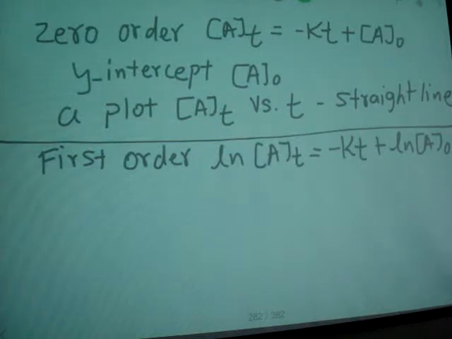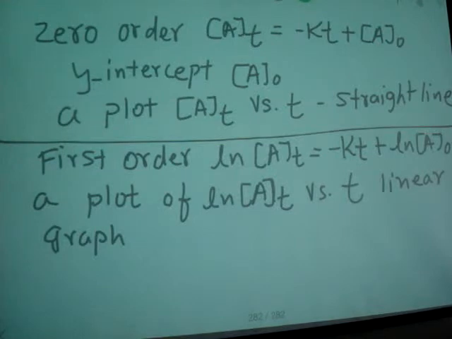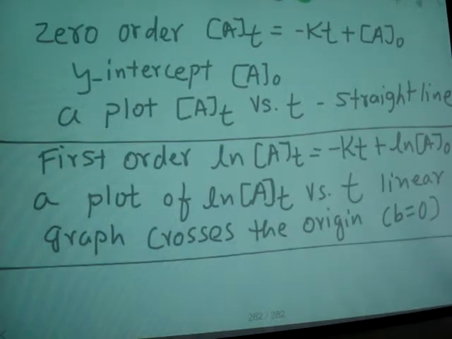In this one, a plot of ln concentration of A at time t versus t is linear, and you get a graph that crosses the origin, b equals 0 when you compare with a straight line.